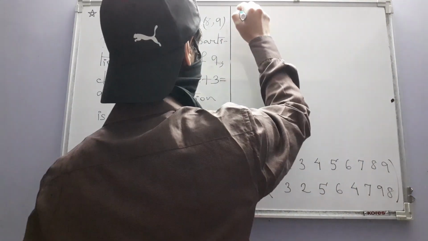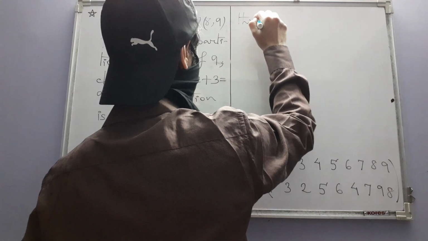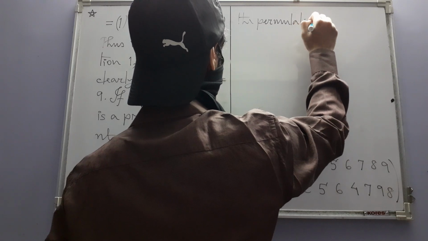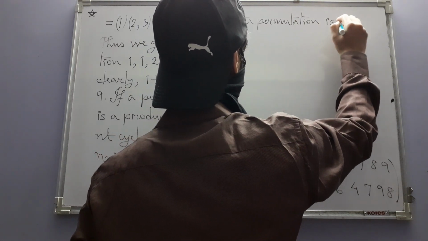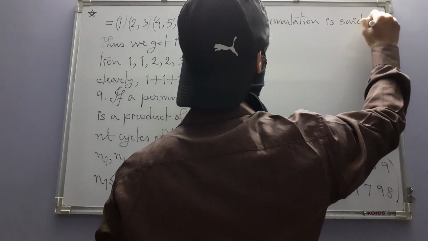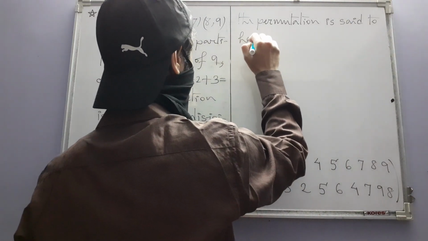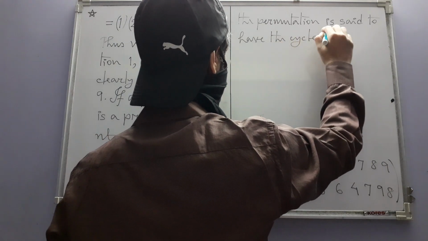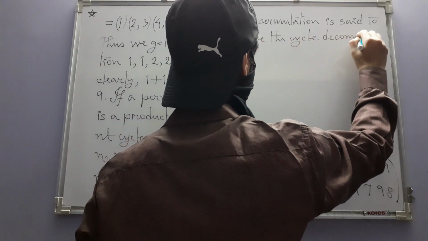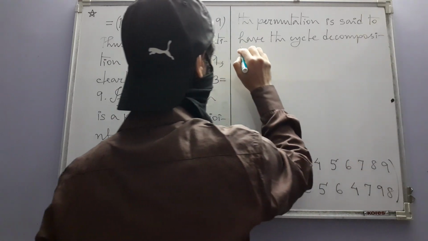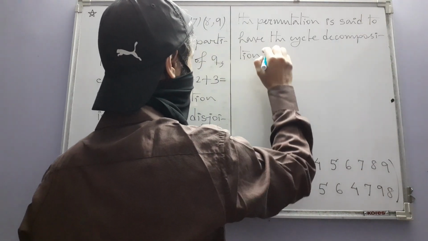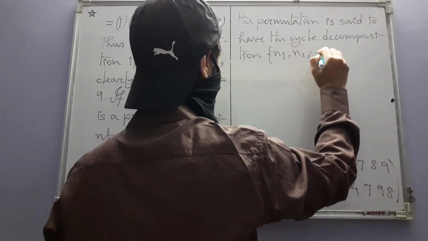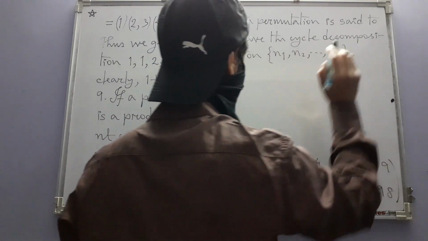Then the permutation is said to have the cycle decomposition N1, N2 and so on up to Nr.